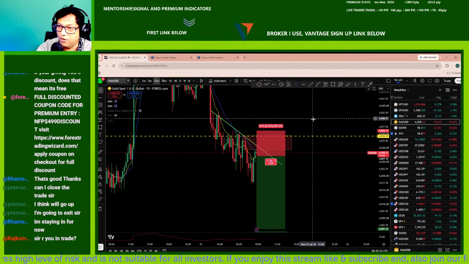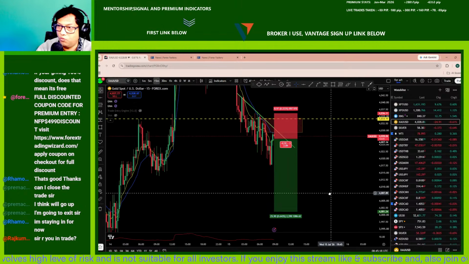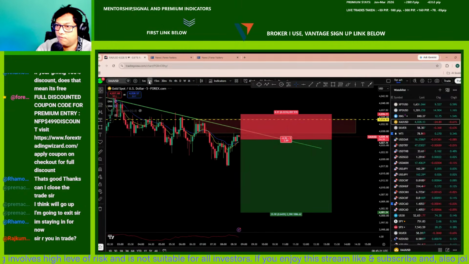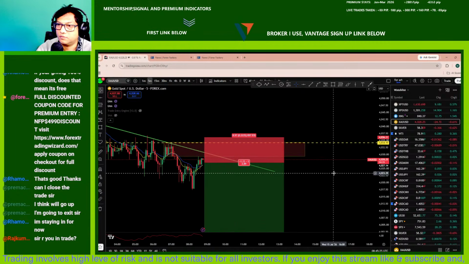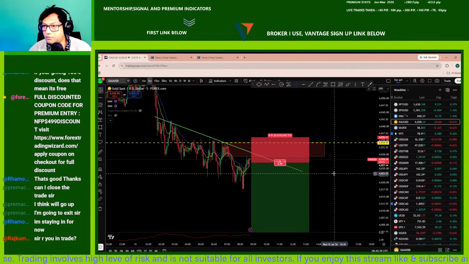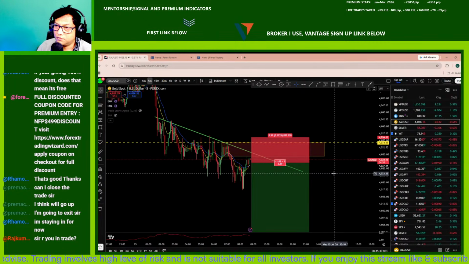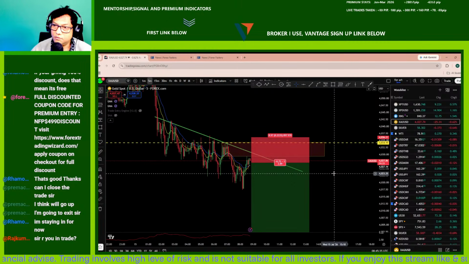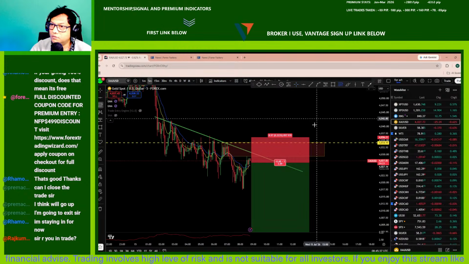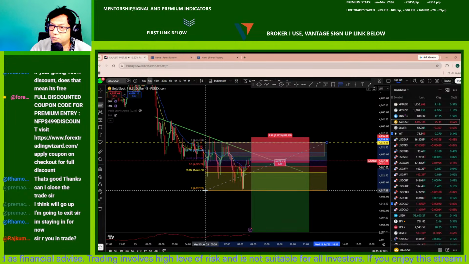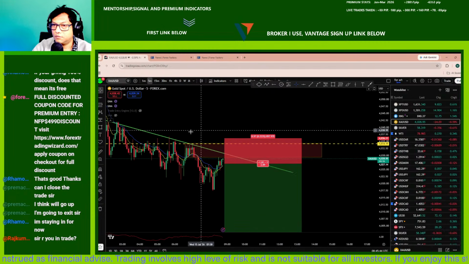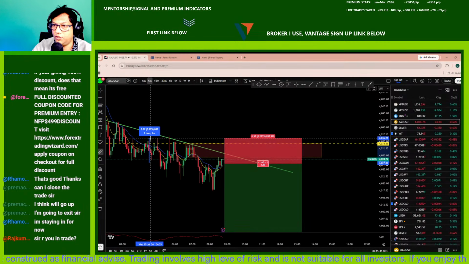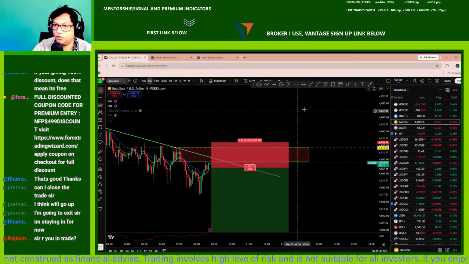If it successfully moves back below, we'll be able to take the potential full move to the daily support area. So here with this trade, we have an 89 pip stop loss here.